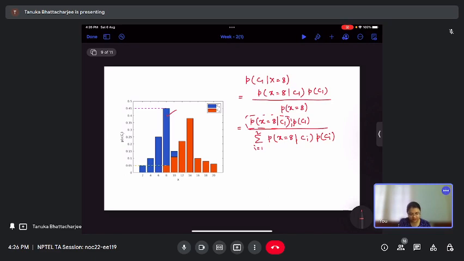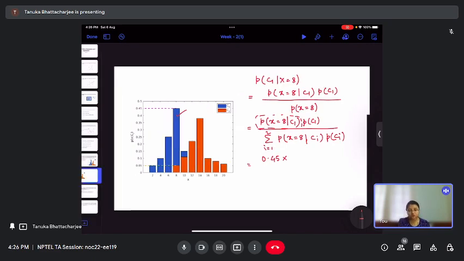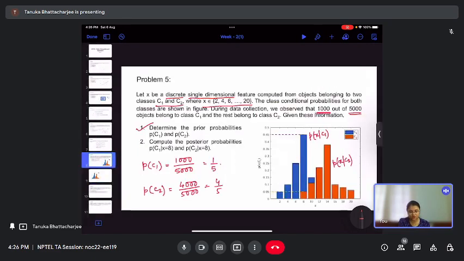Here the probability is 0.45. So, 0.45 into the prior probability of class C1. As we already computed, the prior probability of class C1 is 1 by 5.